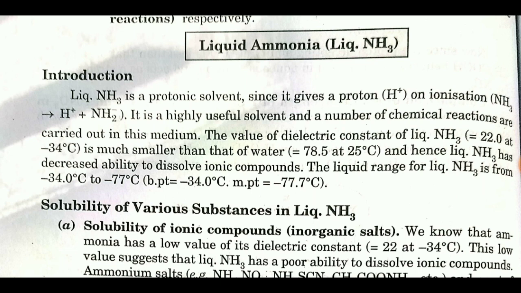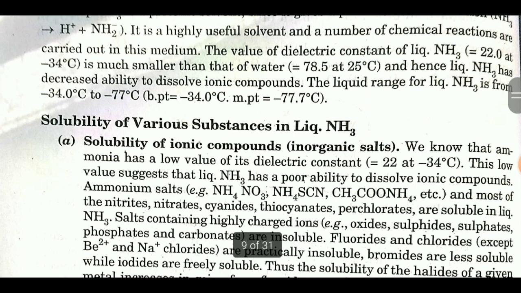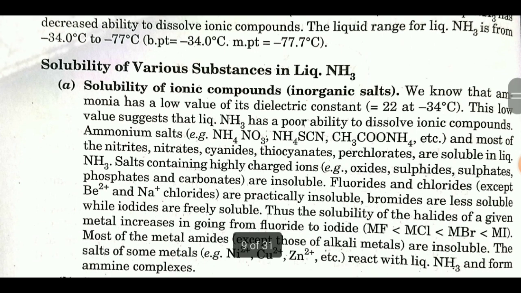The value of the dielectric constant of liquid NH3, 22.0 at minus 34 degrees Celsius, is much smaller than that of water, 78.5 at 25 degrees Celsius, and hence liquid NH3 has decreased ability to dissolve ionic compounds. The liquid range for liquid NH3 is from minus 34.0 degrees Celsius to minus 77 degrees Celsius, boiling point minus 34 degrees Celsius and melting point minus 77.7 degrees Celsius.